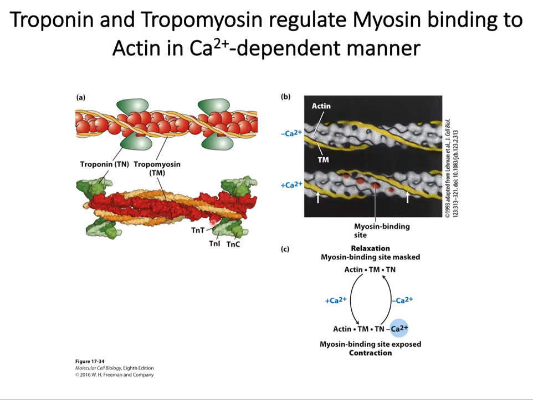This conformation change moves the tropomyosin away from its original position, and you will see that in a minute. Once there is no stimulus for muscle contraction, the available calcium is transported back into the sarcoplasmic reticulum by calcium pumps, and the calcium concentration of the cytosol drops, causing the troponin to lose calcium.